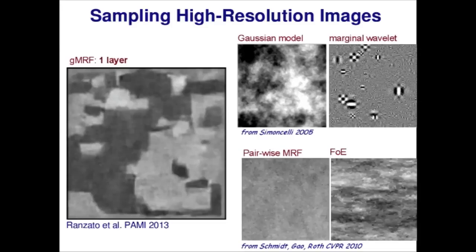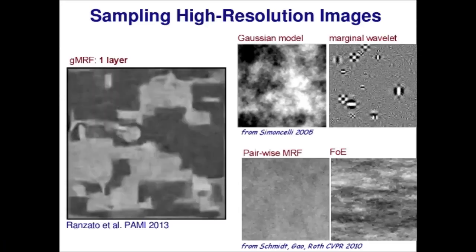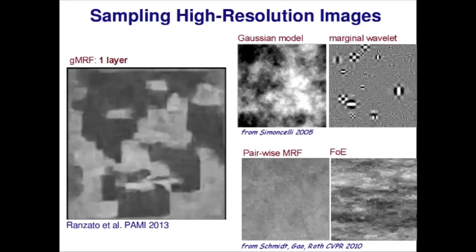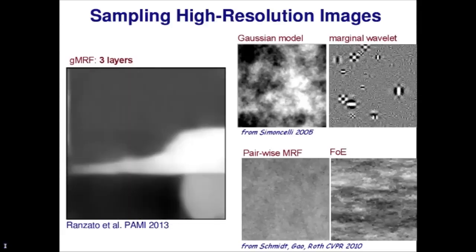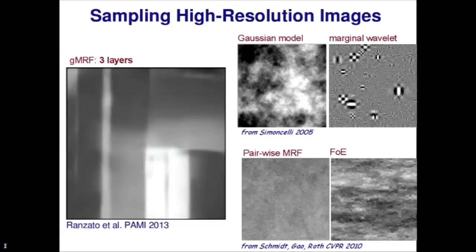It looks weird, but it is somewhat better because now you have smooth surfaces with sharp boundaries between different regions, so it is much more coherent. These are other samples. And if you have 3 layers, you get something even more interesting: a little bit more variety of structure. So these are different samples.